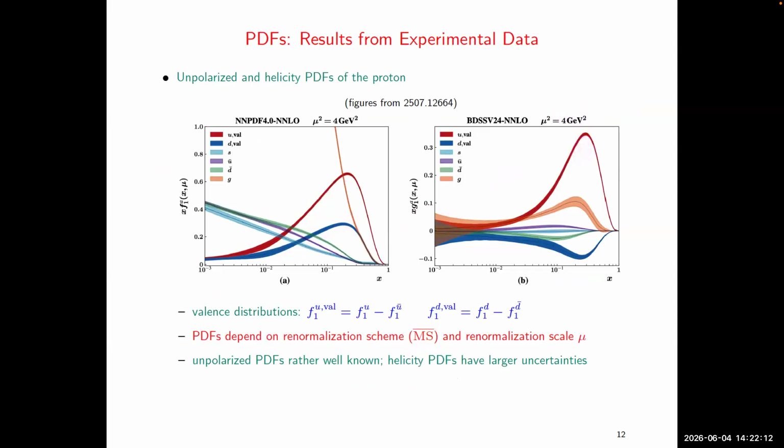That's a good question. Ask Pavel tomorrow. I briefly scanned through his slides. Today he talked about unpolarized PDFs. I assume tomorrow he talks about helicity and transversity. I don't have a simple explanation for this behavior here. All I can say is, for people who do these extractions, I find it a little remarkable that the errors are so small here, but I have to take what we get from them.